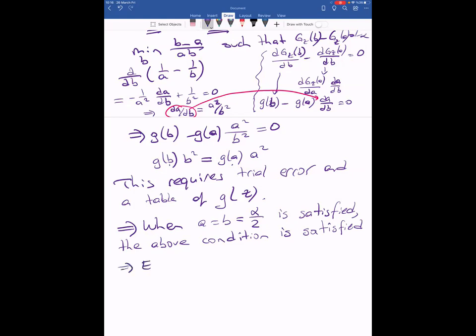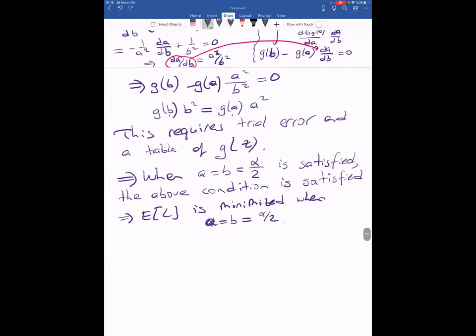So this means that expected L is minimized when A and B are chosen as alpha/2. Here for the chi-square n minus 1 distribution, this point is chi-square n minus 1, alpha/2.